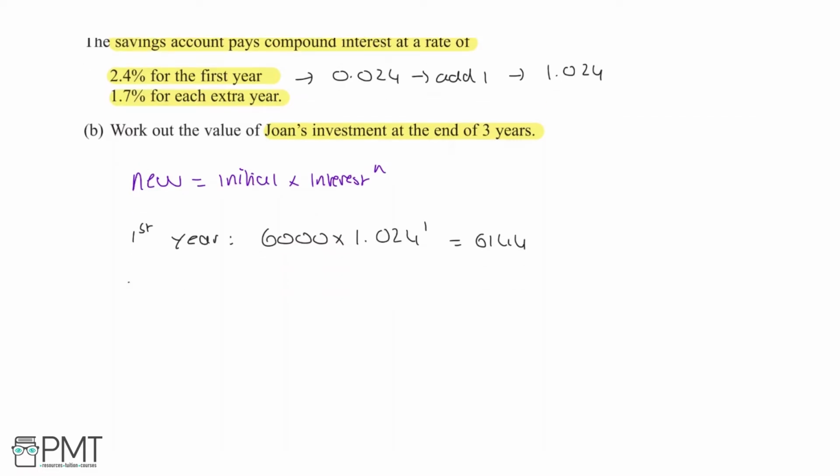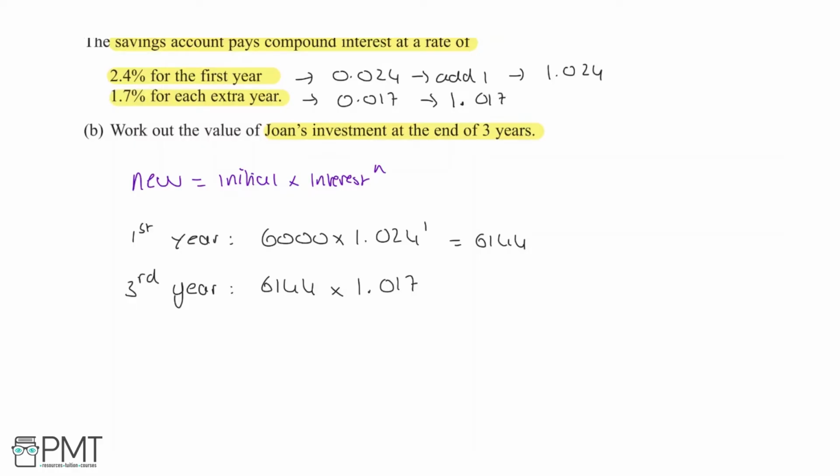Now, after the third year. The reason we're skipping the second is because it's included in the extra year. We take how much we're going to start with, 6,144, times 1.017 again, because 1.7% is 0.017, which becomes 1.017 when you take into account your compounding, so you're adding on top.